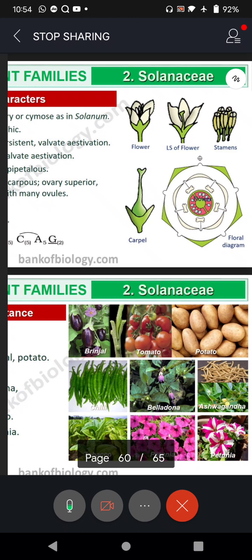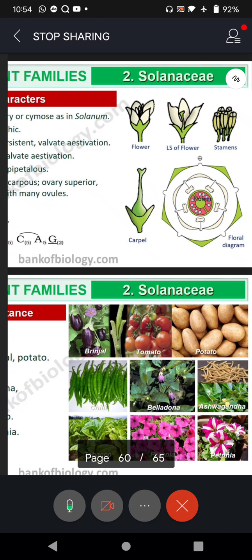Then you can see all the parts when you cut it. You can see the carpel, you can see the stamen, and also you can cut the ovary again. Then you will see how many locules are there, how ovules are arranged. Now after having studied all this, you need to draw this in the form of a diagram, and that diagram is called floral diagram.